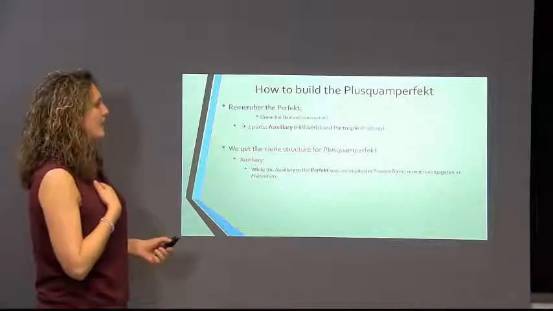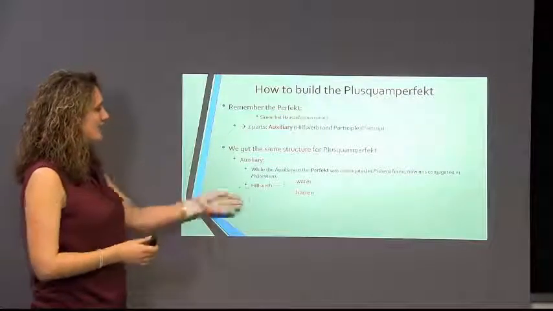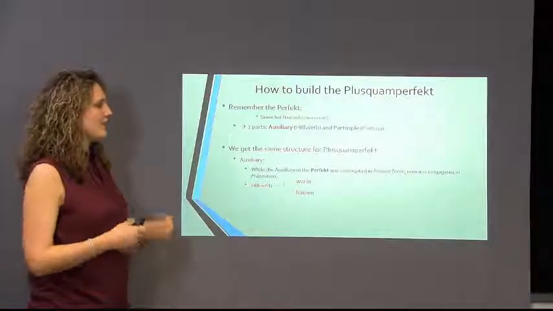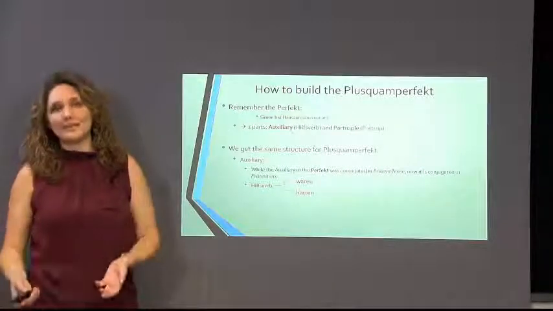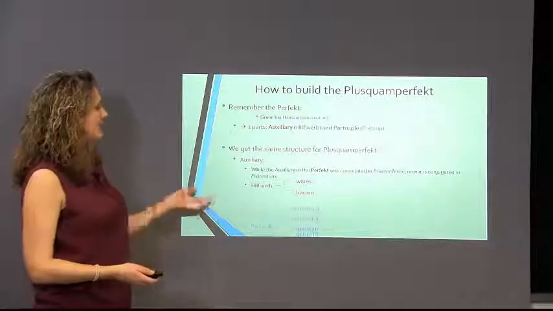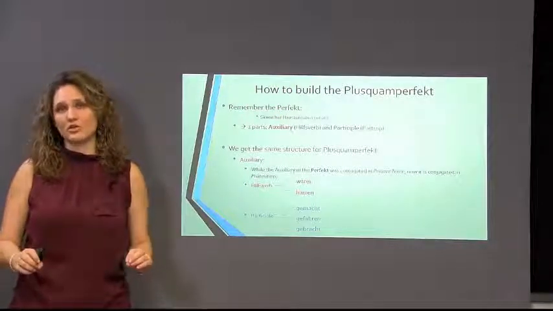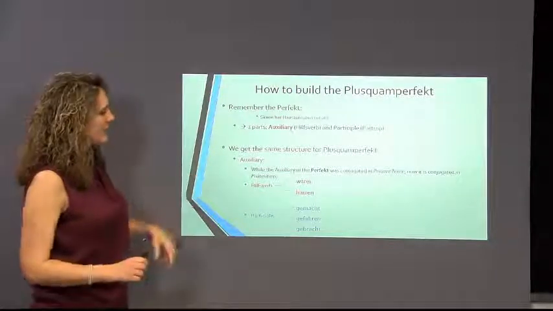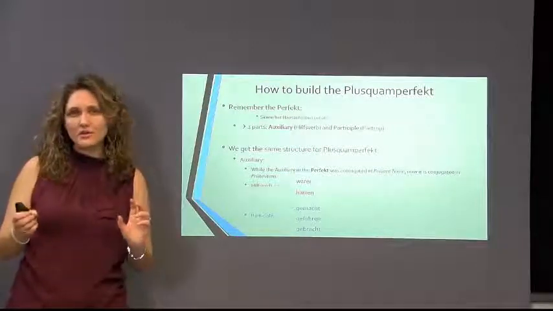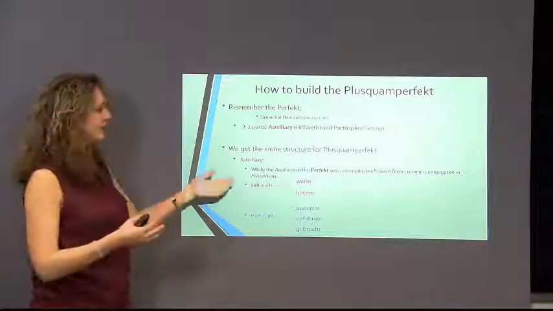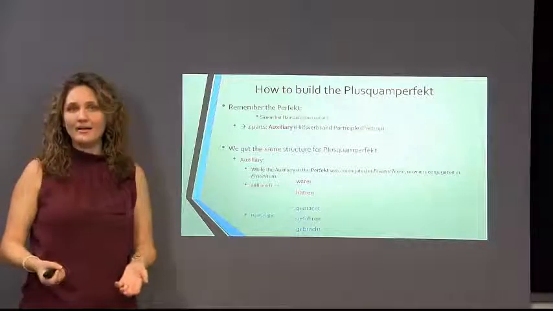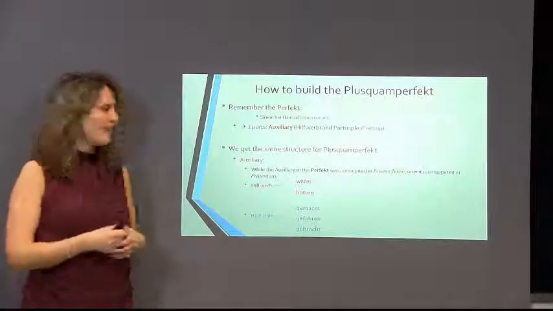Okay? So let's look at this. Your Hilfsverb, your auxiliary, could then either be a form of waren or hatte. And you still have the participle, and these are the exact same participles as you learned for the Perfekt. I just listed three here because we have the three categories, if you remember. We have the weak ones that end on a T, for example, gemacht, from machen, to make.